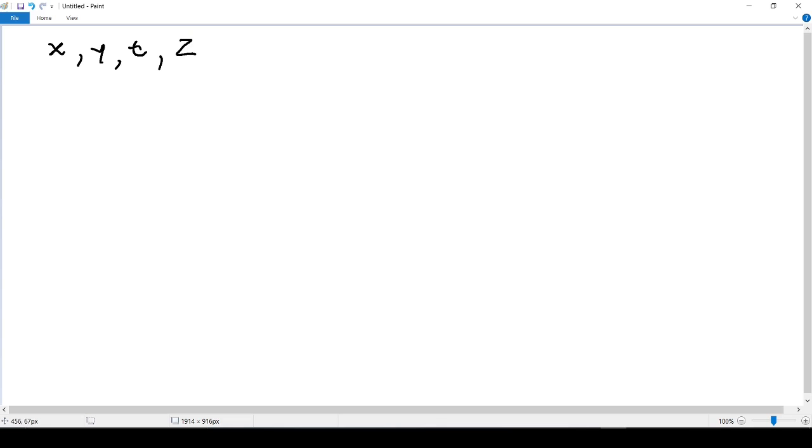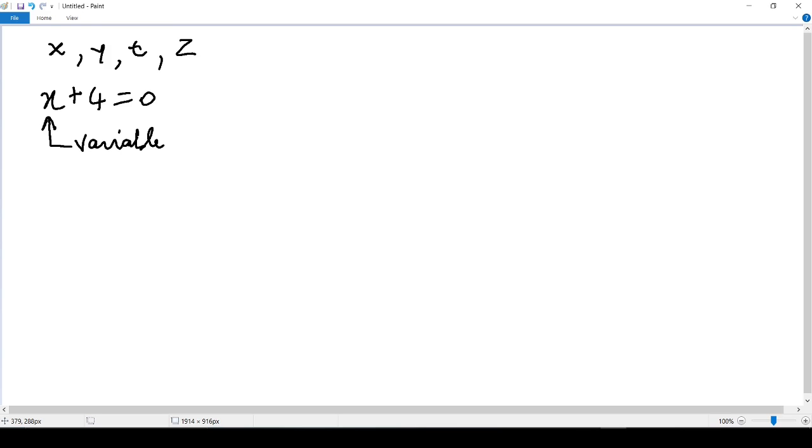We just name it. An example is x plus 4 equals 0. So x is our variable and 4 is the constant. Sometimes, even if the variable is repeated more than once, it's still an equation in one variable.